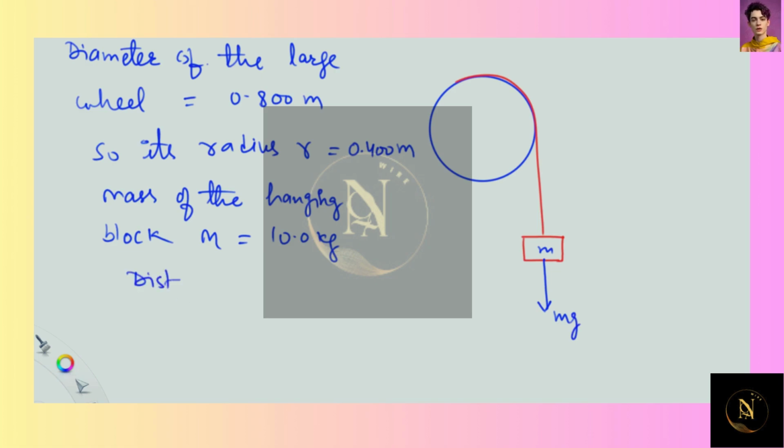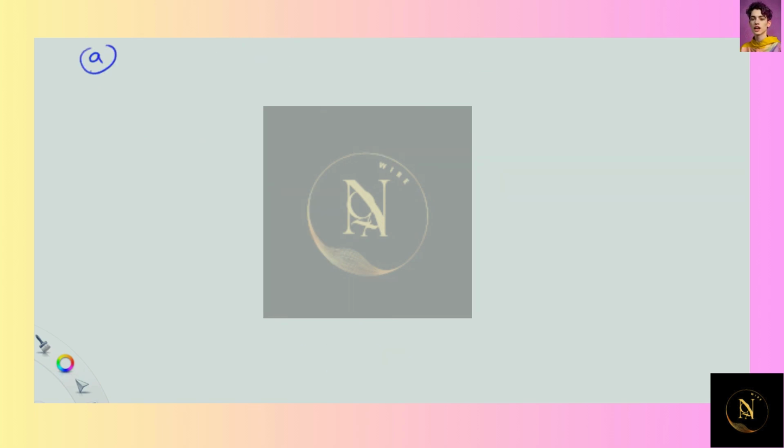Vertical height, the distance moved by the block, is given as h equal to 2.40 meter in a time duration of 4.00 second.